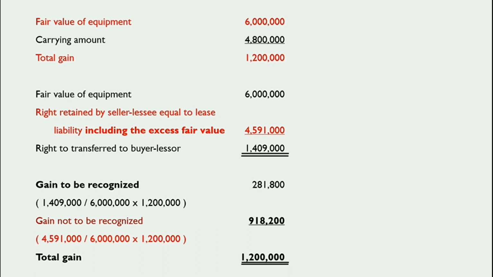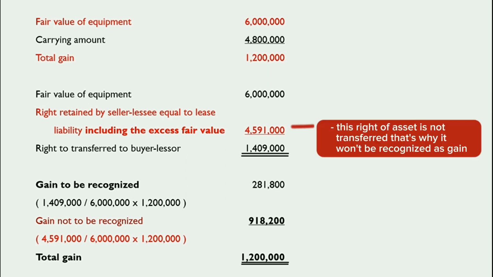It's just that ma-reduce yan kapag kunin natin yung gain to be recognized na 281,800 lang. Yan lang yung right sa asset na transferred to the buyer lessor. Kasi hindi pa dapat gain yung asset na na-retained. Hindi pa siya recognized na gain kung di siya na i-transfer.